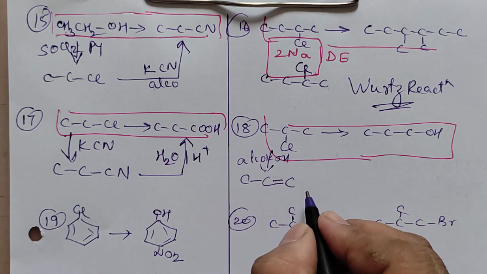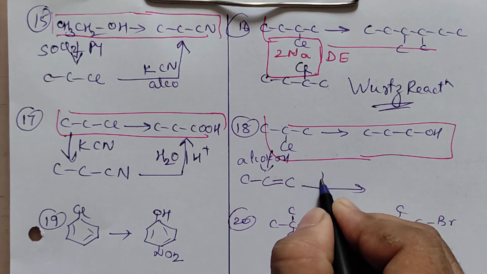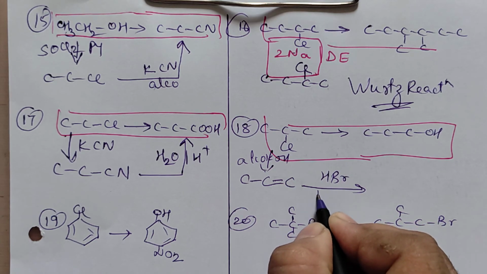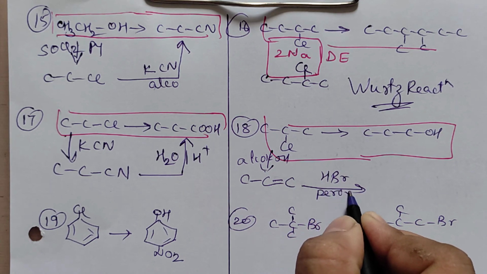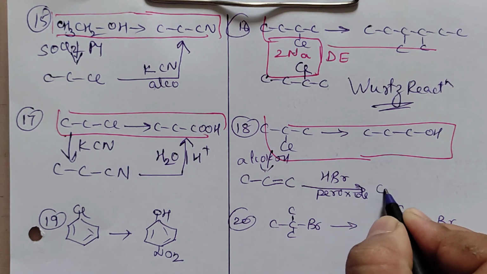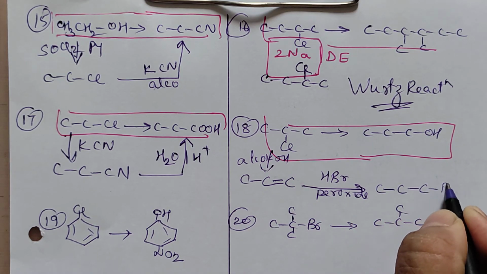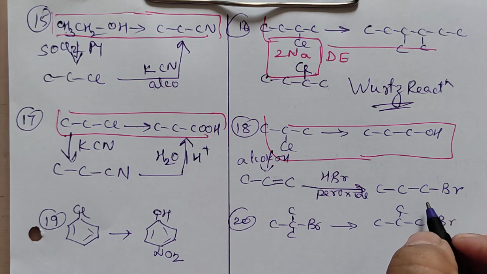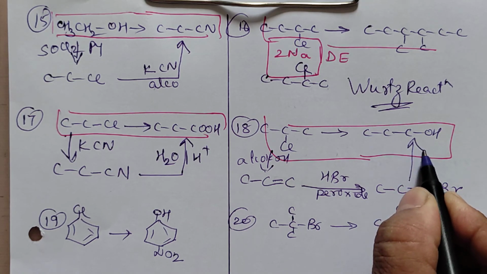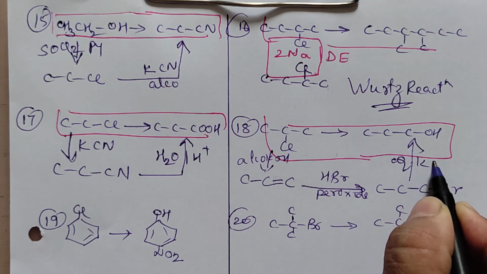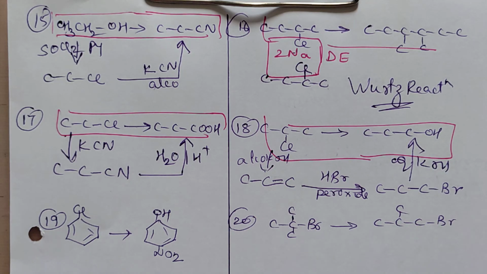After you get propene, now you add on HBr in the presence of peroxide. When you react with peroxide now, it will add on as per anti-Markovnikov's rule. Now it is very simple. You can treat with aqueous KOH, carry out nucleophilic substitution reaction. Did you follow this conversion?